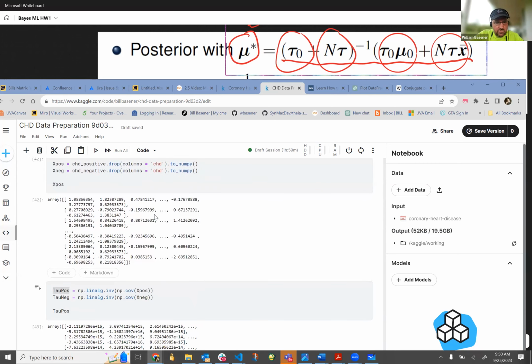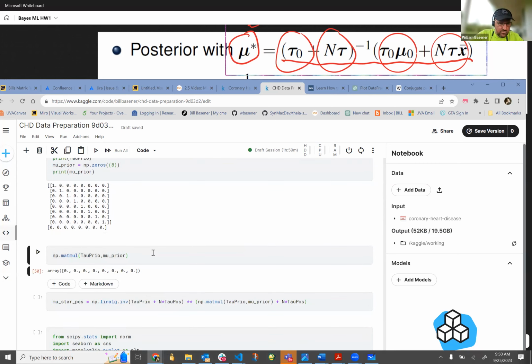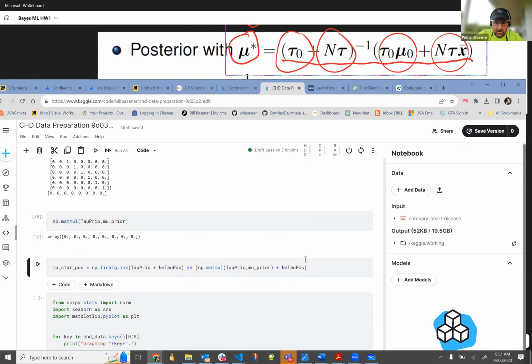So let's come down here. x tau positive. We want tau for the class we're looking at, times x bar positive. Again, this should be matrix multiplication. Then again, this first piece in parentheses is raised to the power of -1, which for a matrix means we take its inverse and multiply it by that to get the mu.